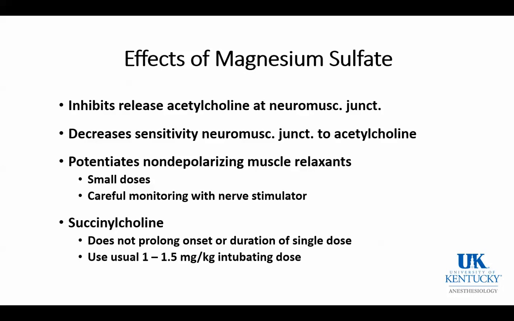As a result, it also decreases the sensitivity of the neuromuscular junction to acetylcholine. So we know that it potentiates all of our non-depolarizing muscle relaxants. So if you're going to use a non-depolarizer during the C-section in the preeclamptic patient on magnesium, you need to use small doses. Start out with half of the initial maintenance dose that you might give someone, and then carefully monitor them with a nerve stimulator.